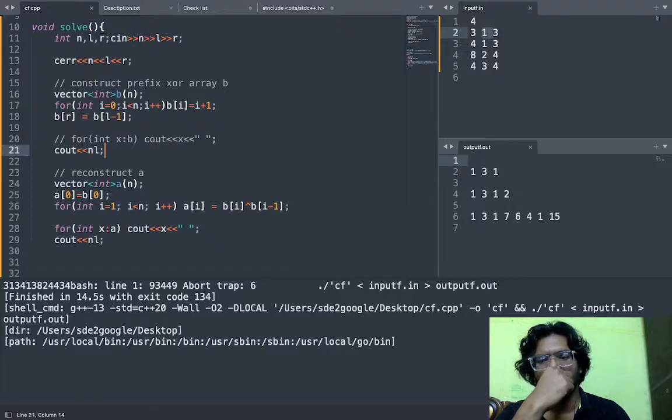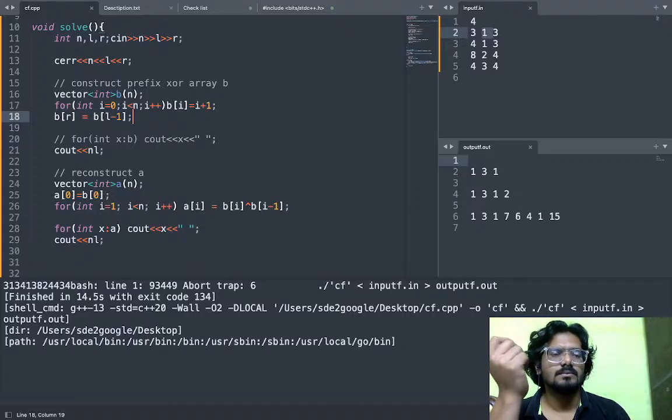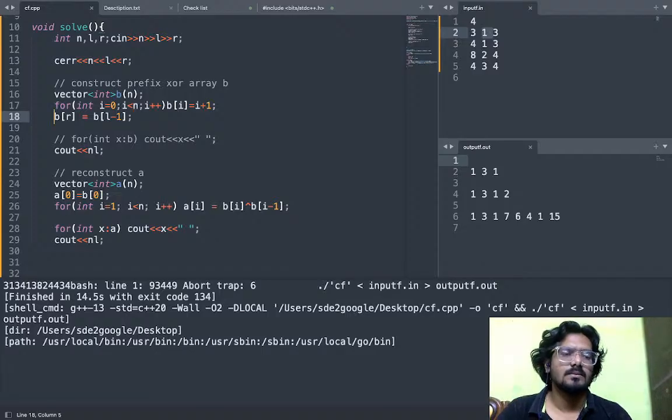The printing an array. Let's see, L is 1 and 1 minus 1 is 0. Oh.